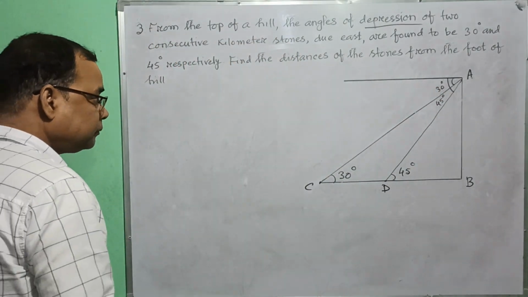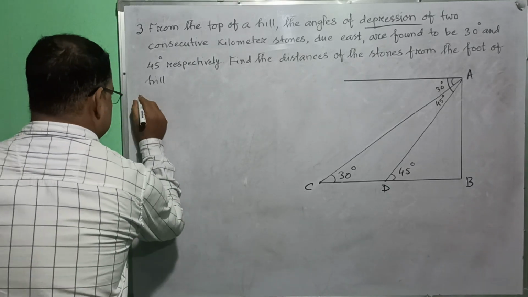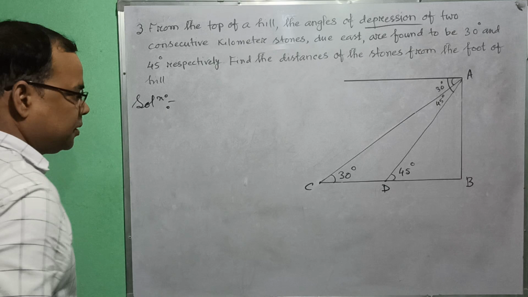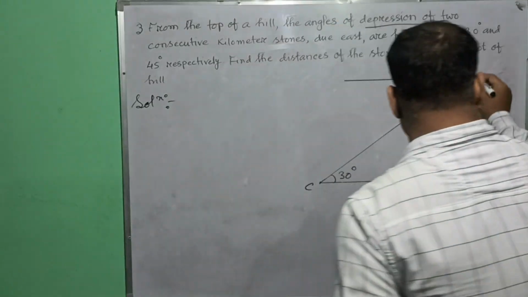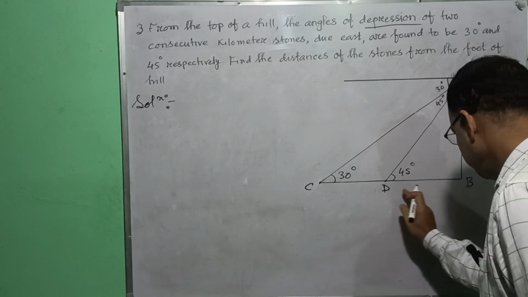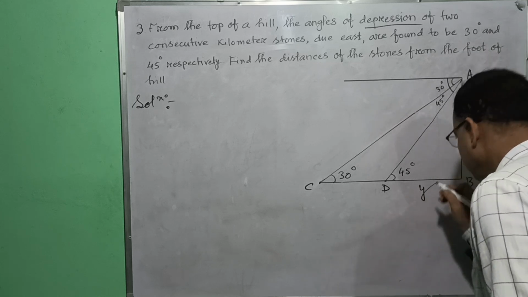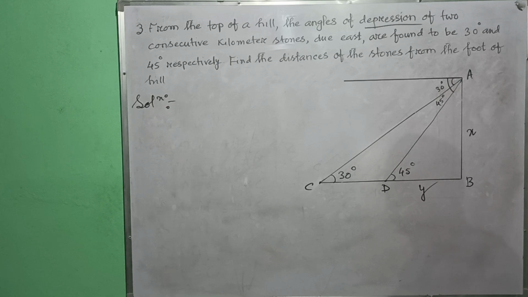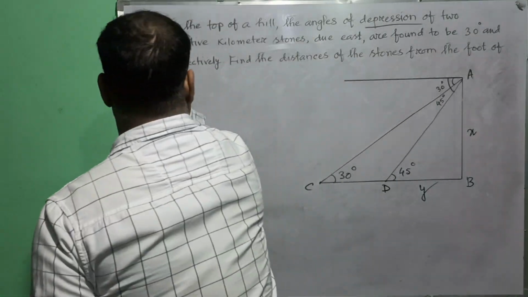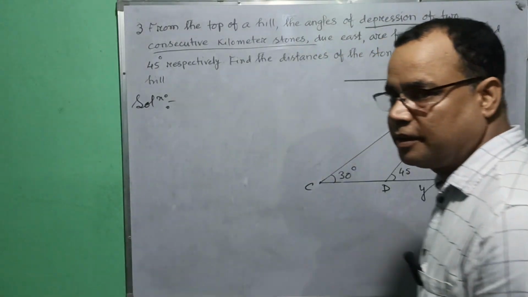Now, in the solution we'll write one more thing here. AB we can take as X and BD as Y. And the important thing is that here it is given consecutive kilometer stones.